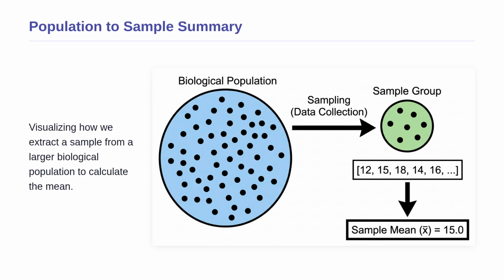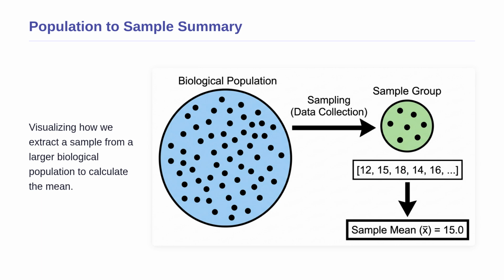Having calculated the sample mean twice, let us visualize exactly what this process represents in the grand scheme of research. On the screen, you see a large blue circle on the left. This represents the entire biological population, for example, every single wheat plant of a certain species. We cannot measure all of them. The arrow shows our sampling process, where we extract a small, manageable group, shown as the green circle on the right.